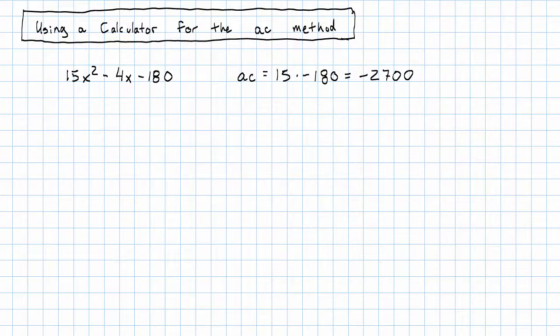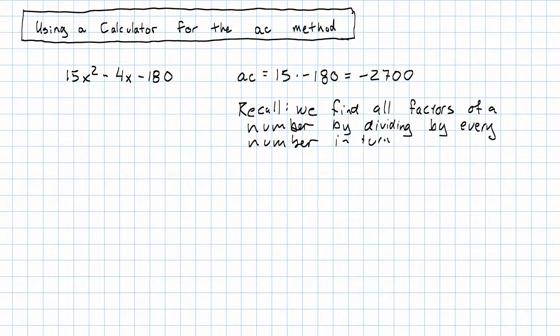Right, we go about finding all the factors of a number by going through and dividing it by every number in turn. So we might say negative 2,700 divided by 1 is negative 2,700. So 1 times negative 2,700 is one factor pair.